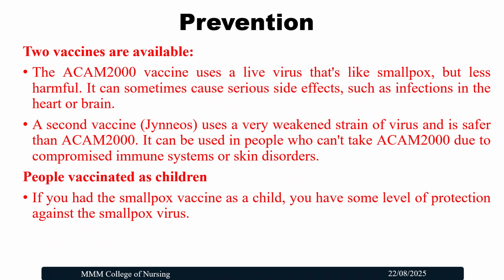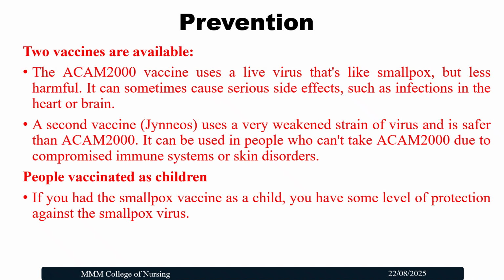The second vaccine is Jynneos, which uses a very weakened strain of virus and is safer than ACAM2000. It can be used in people who can't take ACAM2000 due to compromised immune systems or skin disorders. The smallpox vaccine also provides protection against other similar viral infections such as mpox, also known as monkeypox, and cowpox.